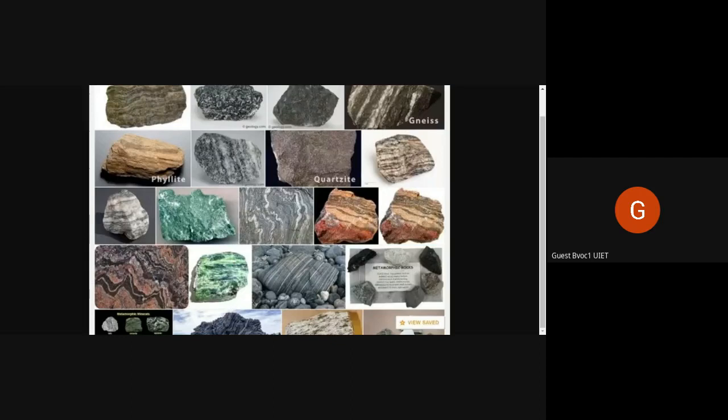Then you have chalk, which is a sedimentary rock. It is pure white and it can easily be made into a powder, and it is used to make putty and as a coloring material in making white Portland cement. Then granite is an igneous rock and it is used in facing work, walls, columns, countertops, and it's also used for carving.